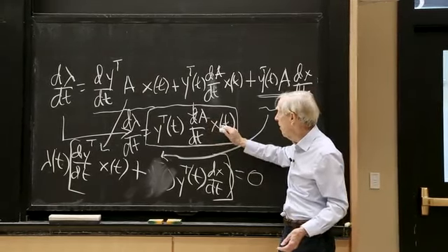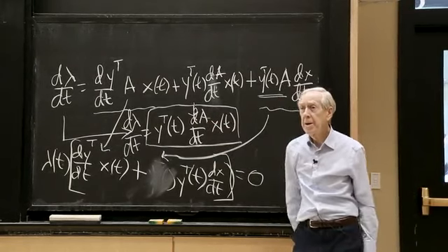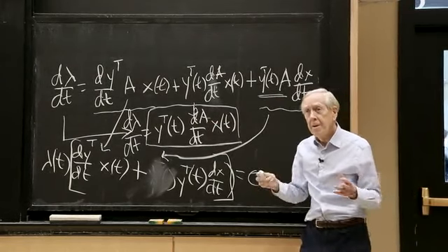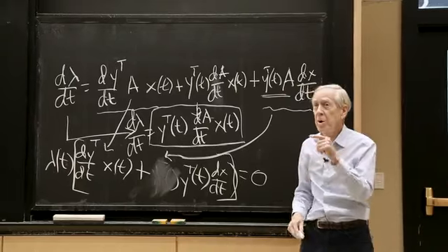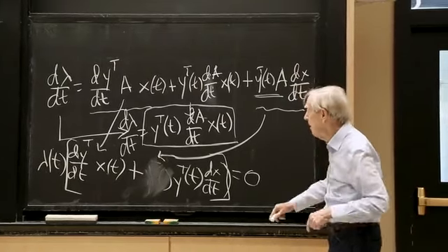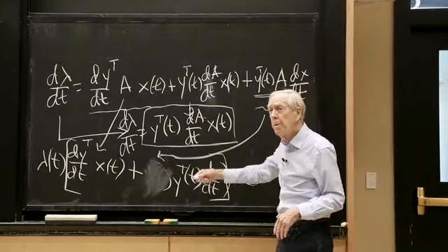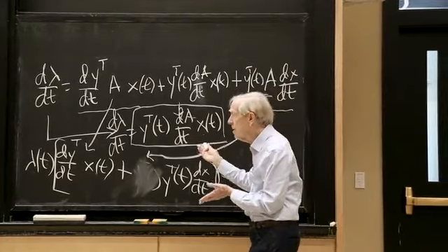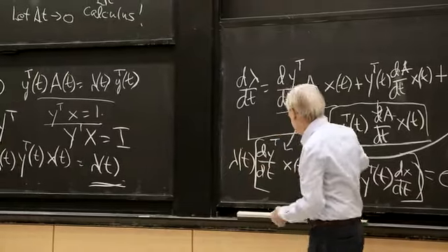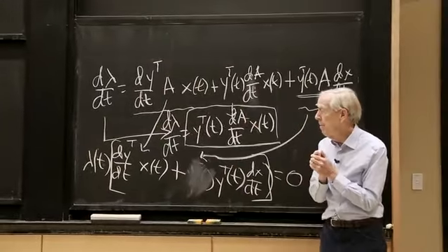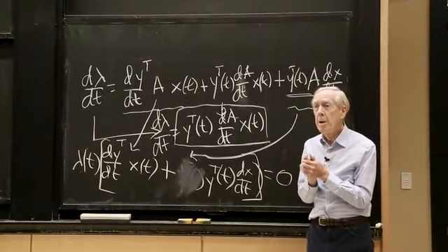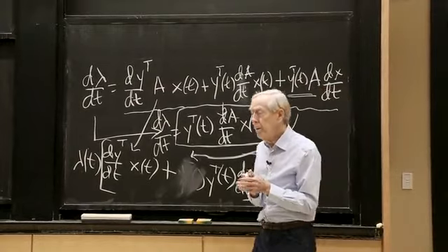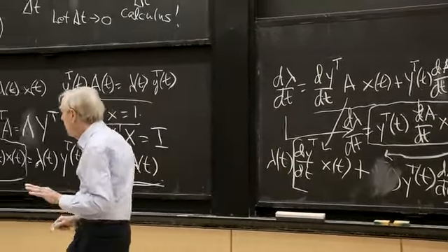But it will also involve dx dt and dy dt, and in fact, the pseudo-inverse even shows up. It's another step, and I'm not going that far because we've got the best formula there.